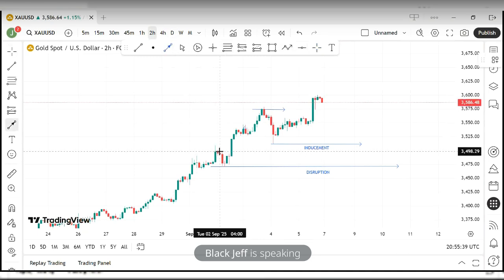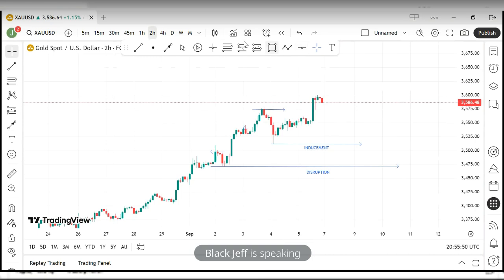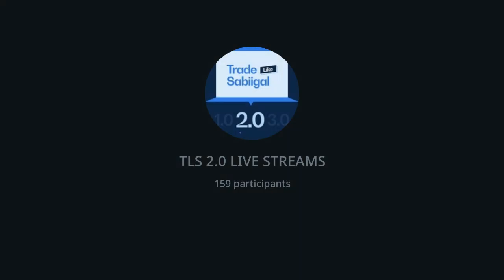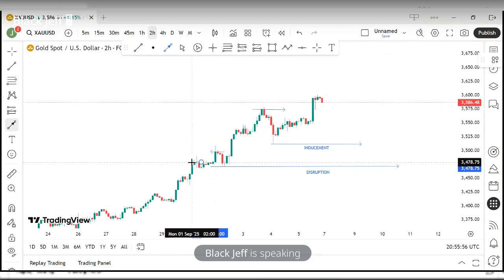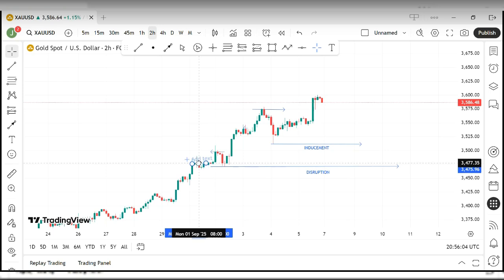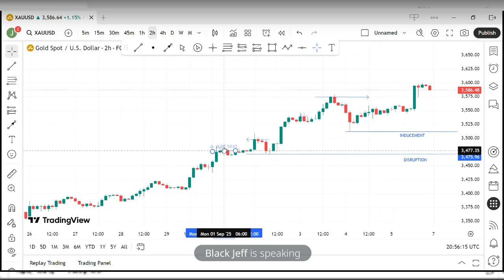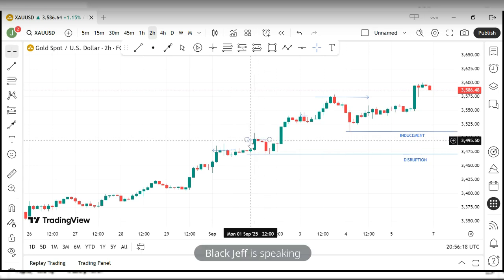Don't worry, just follow me, I will break things down. We have another resistance key level here, and another one here. So these are your resistance key levels.